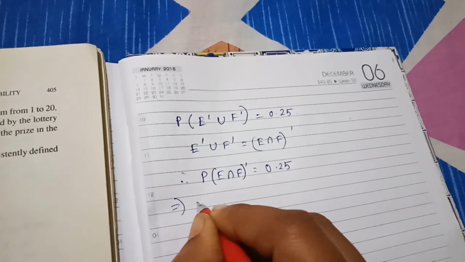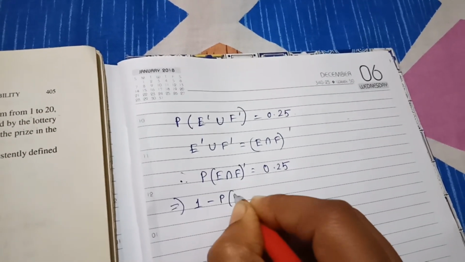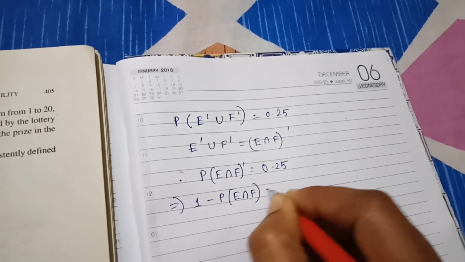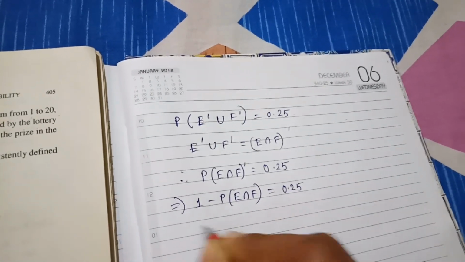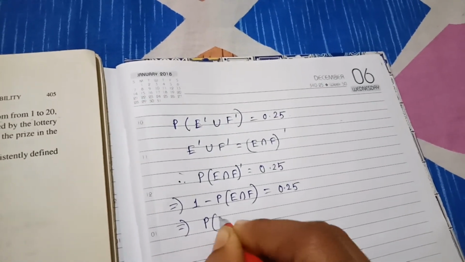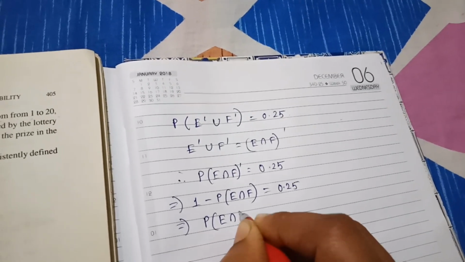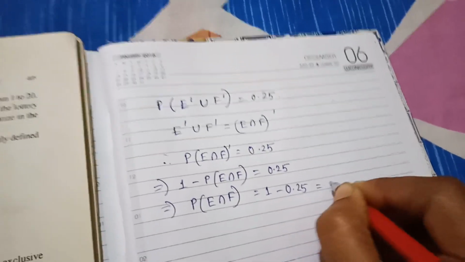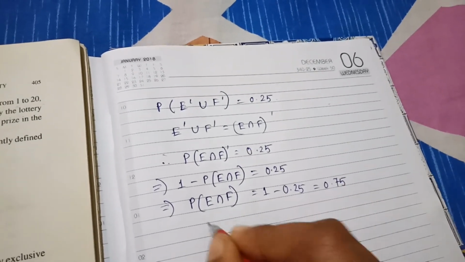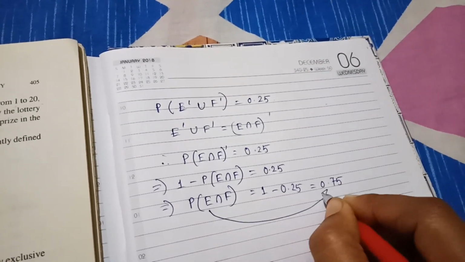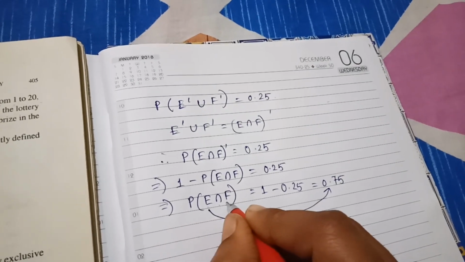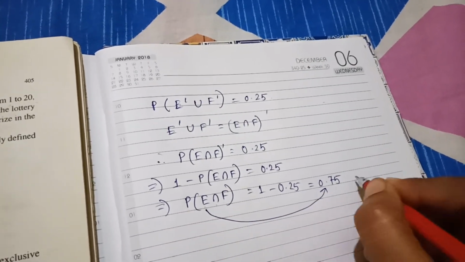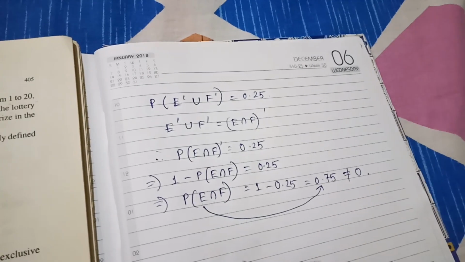This one can be written as 1 minus P of E intersection F equals 0.25. From this we can write P of E intersection F equals 1 minus 0.25, that is equal to 0.75. Now look at this. The probability of E intersection F is 0.75, which is not equal to 0.